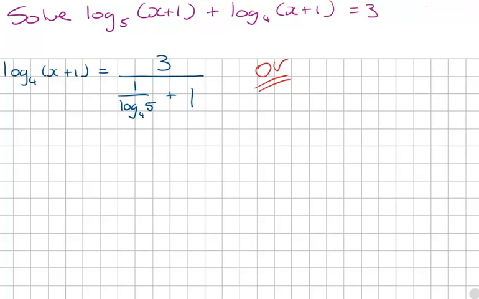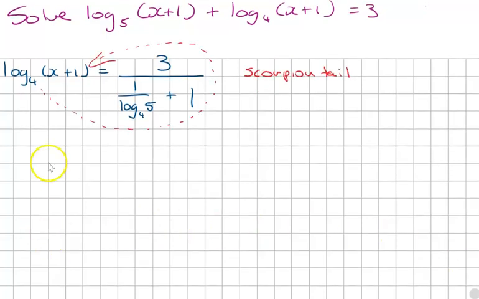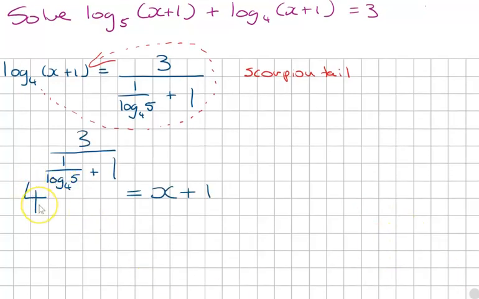So another way of doing it, if I just go back to this step, I again have all the constants on the right-hand side and the log containing an x on the left-hand side. So I could actually just apply the scorpion tail here. So we'll have 4 to the power of 3 over (1 over log base 4 of 5, plus 1) is equal to x plus 1.